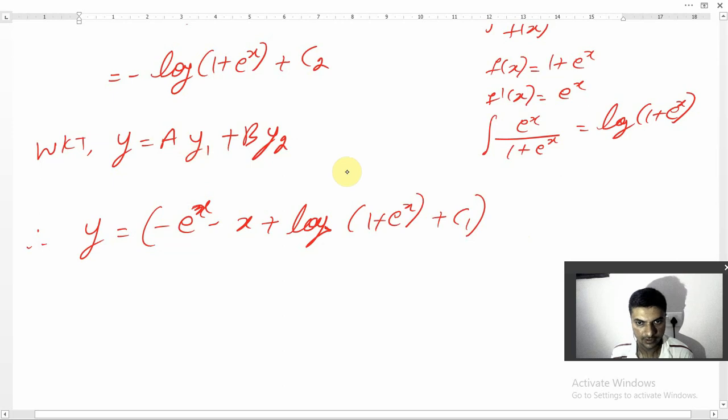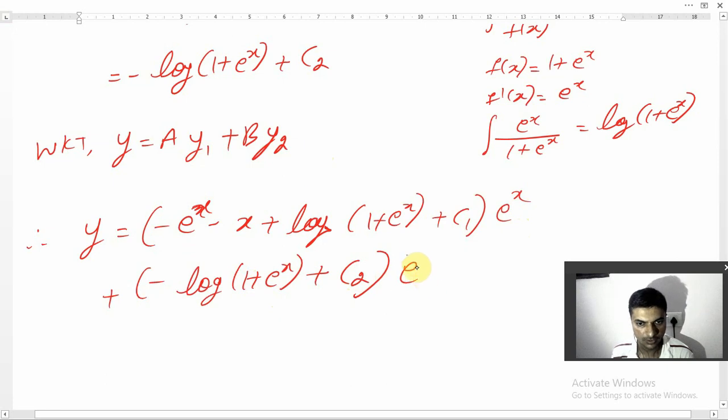And what is y1? Yes, y1 we know it is e raised to x, plus b value just now we have calculated, minus log of 1 plus e raised to x plus c2, and y2 value e raised to minus x. This is the solution students.